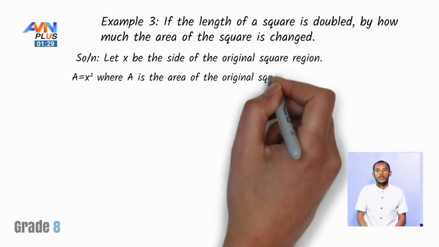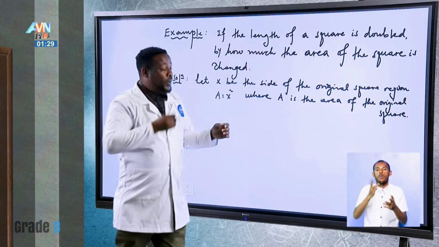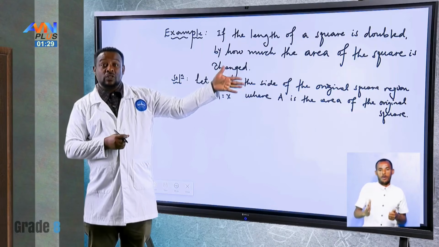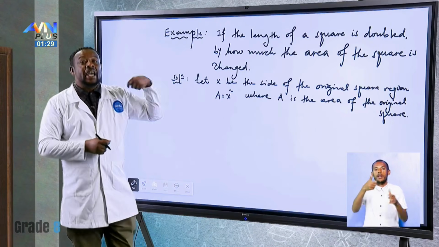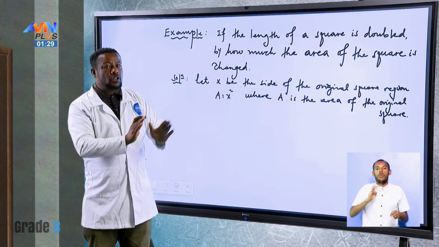Here we have x, which is the side of the original square, and capital A is the area of the original square. Okay, we have this notation.